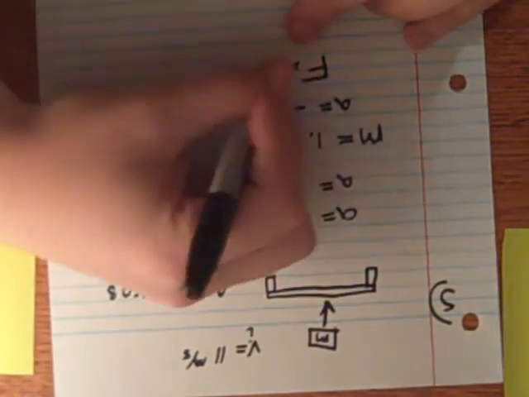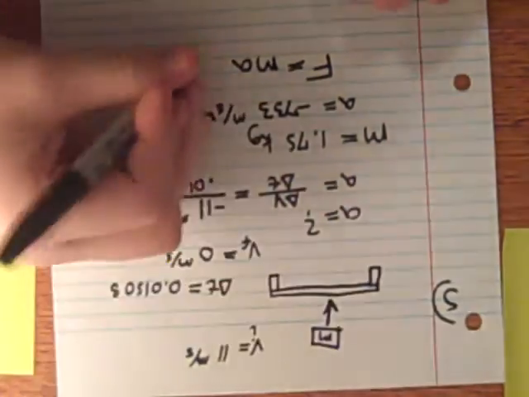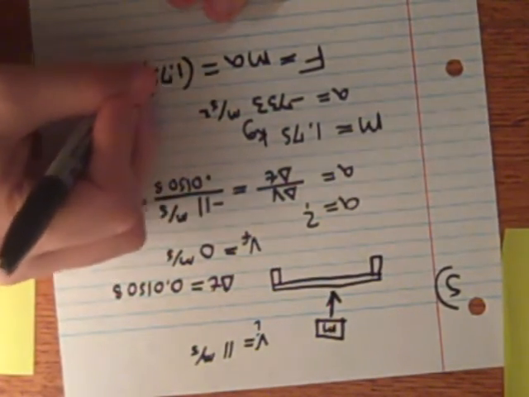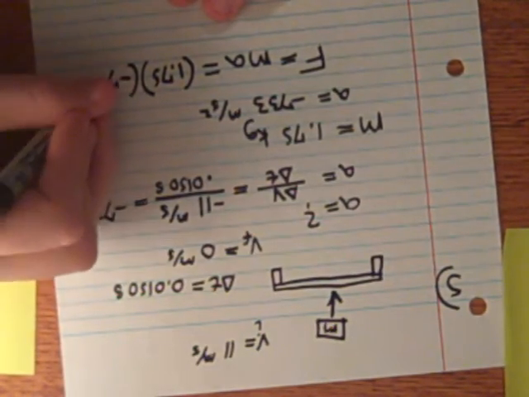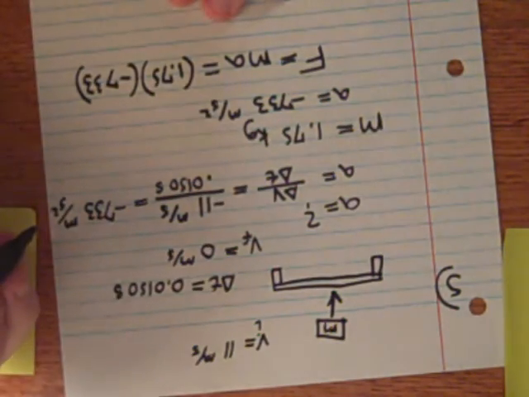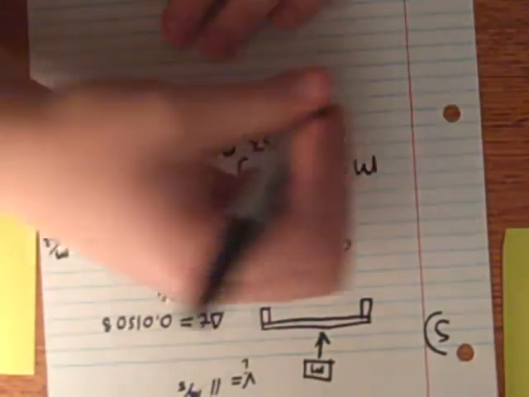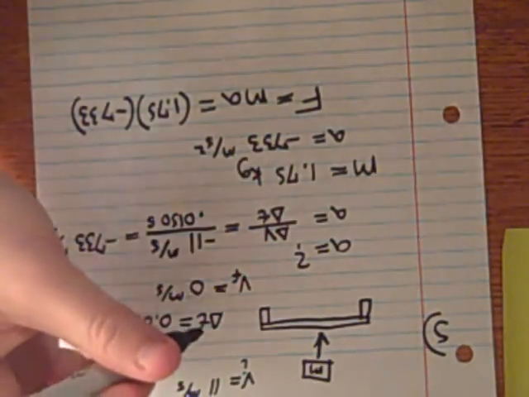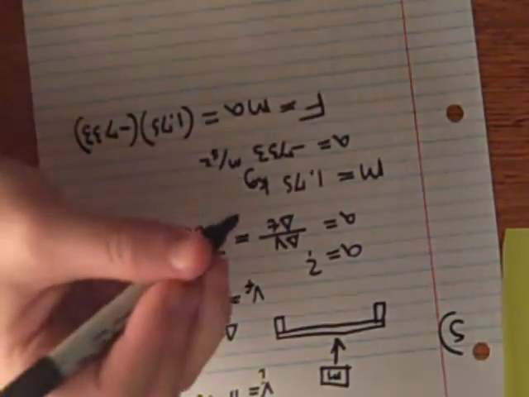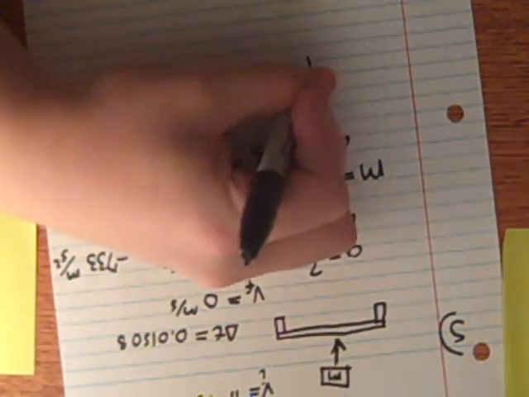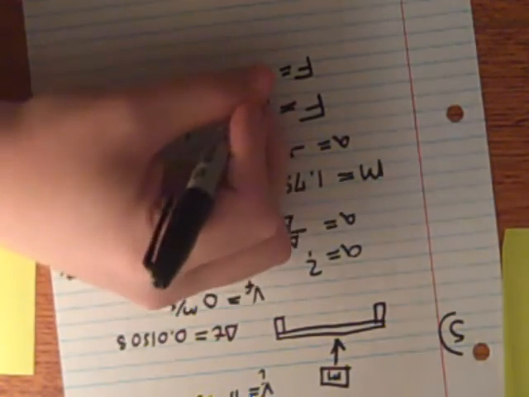Well, I'm sure you know, force is mass times acceleration. 1.75 kilograms times the acceleration, and when we plug that into the calculator, we get force equals, and the units are Newtons.